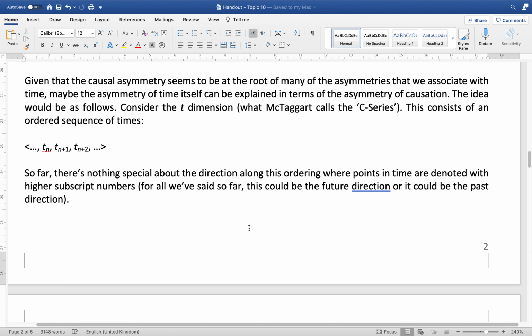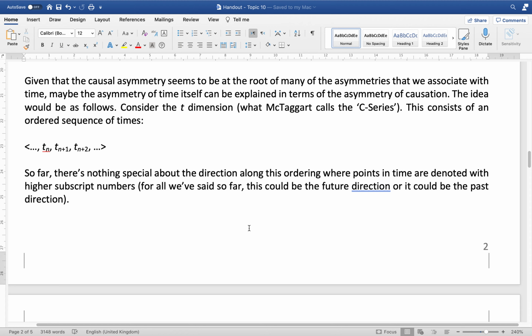Well, a dimension consists of an ordered series of points. So we can order points in time, or points on a t-axis, from one end to the other, just as we can order points in space, points on, say, the x-axis from one end to the other.